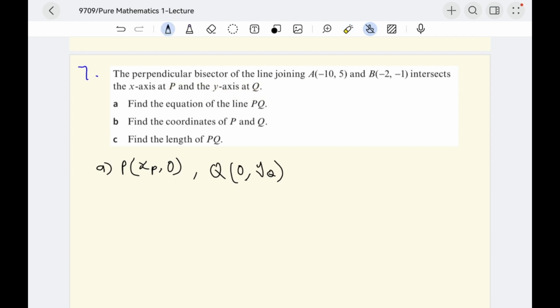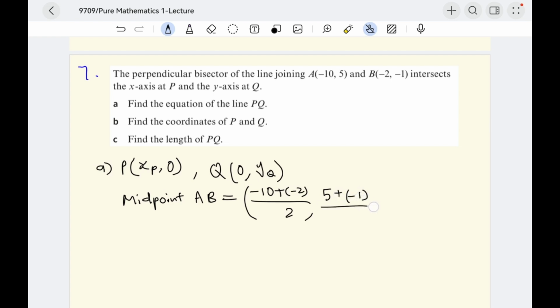So first, you need to find the midpoint of AB, which is (-10 plus -2) over 2, and (5 plus -1) over 2.